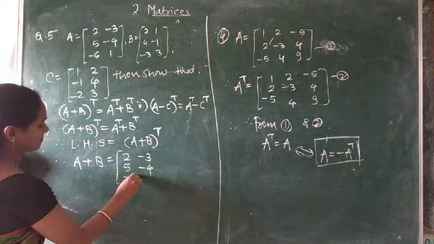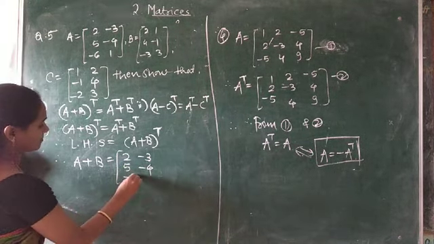Right, addition: 2 plus 2, 4. -3 plus 1, -2. 5 plus 4, 9. -4 minus 1, -5. -6 minus 3, -9. And 1 plus 3, 4.